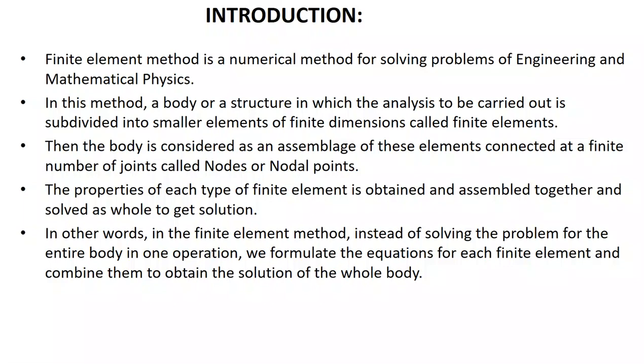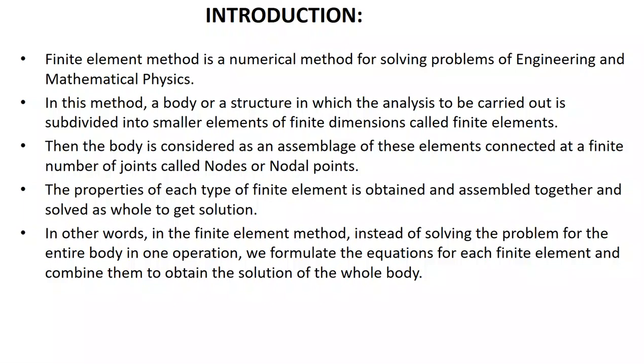In other words, instead of solving the problem for an entire body in one operation, we formulate the equations for each finite element and combine them to obtain the solution of the whole body. Initially we would find the solution for the whole object in one operation.